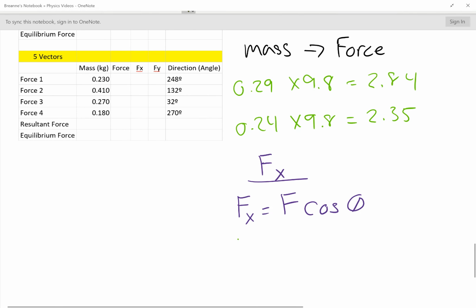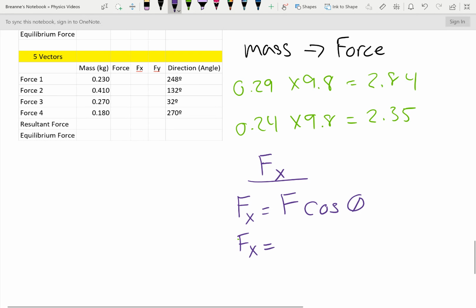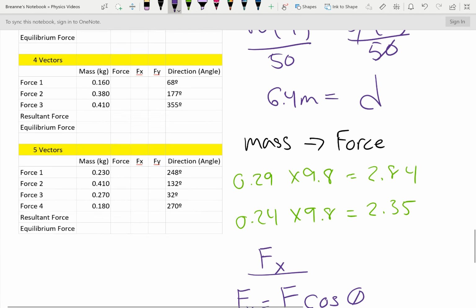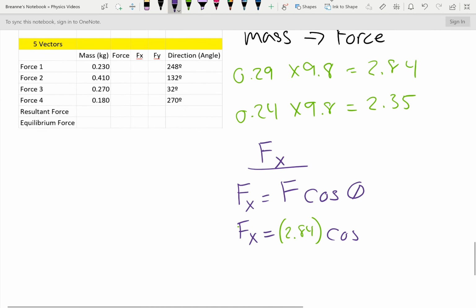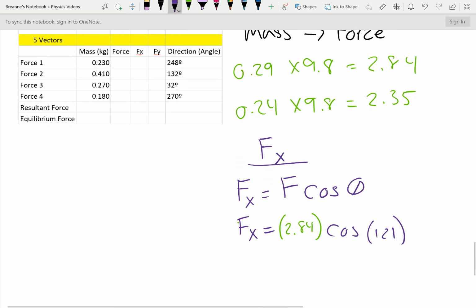To solve for your force in the x, you would just use your force that you solved for, 2.84, cosine of whatever angle they gave you, which was 121. You plug that in your calculator. Make sure your calculator is in degrees. To do that, hit mode and make sure degrees is highlighted.